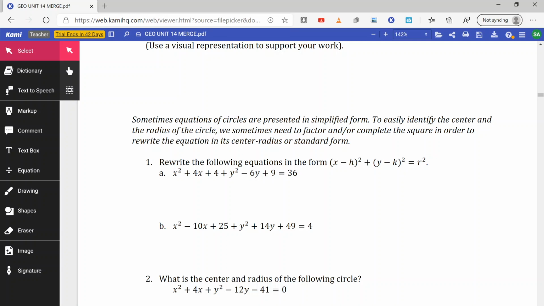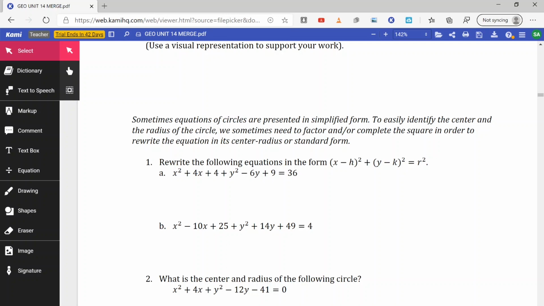So first thing is, we have to be aware that it's possible we're going to have to use the process known as completing the square in order to get our equation into standard form. Sometimes we don't have to, and it's nice for us.